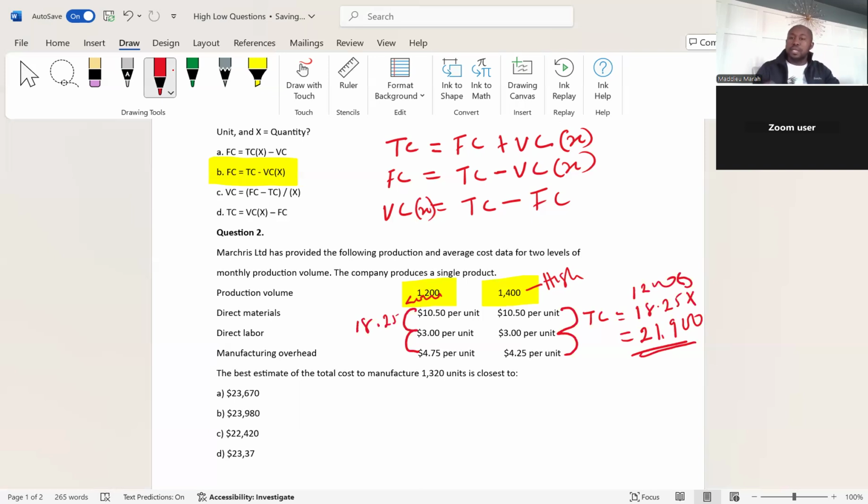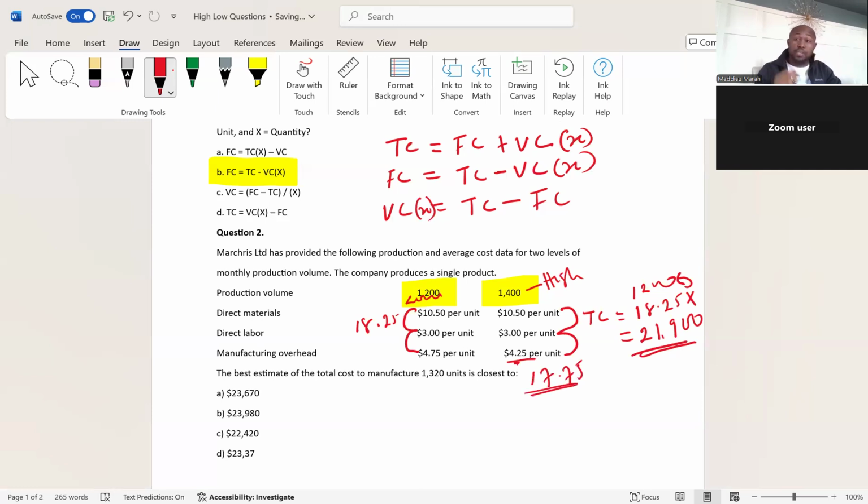So this is my total cost for production level 1,200. Now, what's our total cost for production level 1,400? So 10.50 plus 3 plus 4.25 gives 17.75.